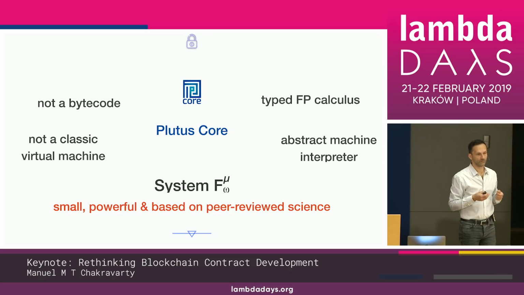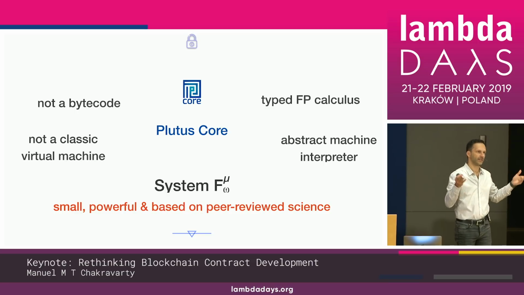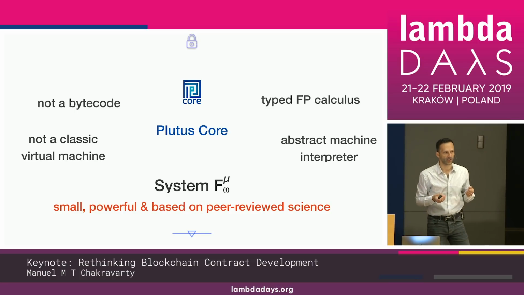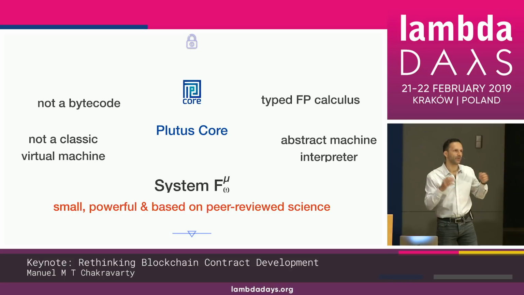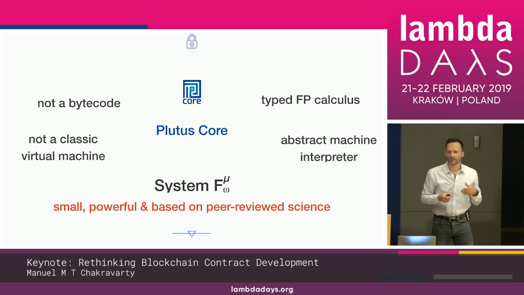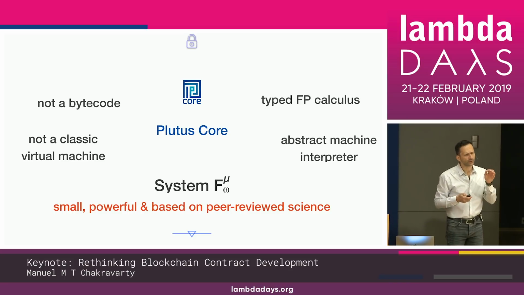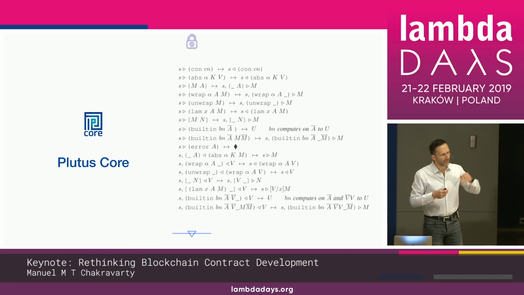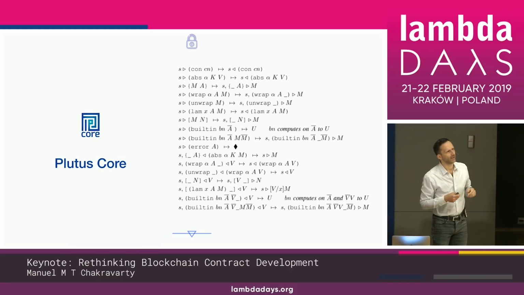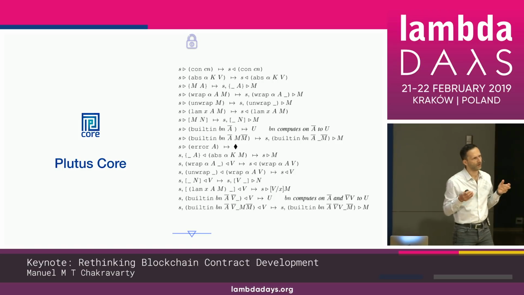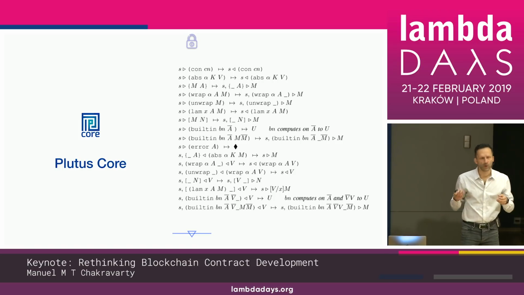So you all know typed lambda calculus, I'm sure. System F is a particular form of typed lambda calculus, and using the omega, we get a more fancy type system, essentially. So that's great because now we can actually put the entire operational semantics of that core language on one slide.